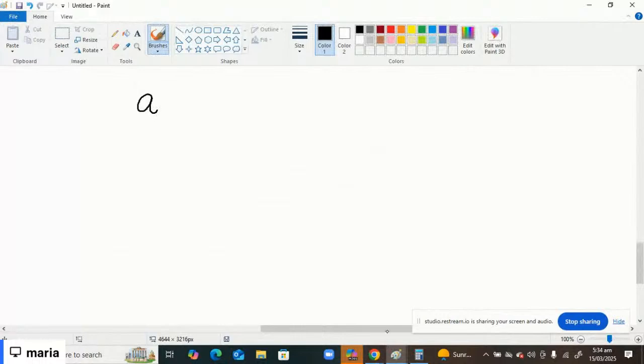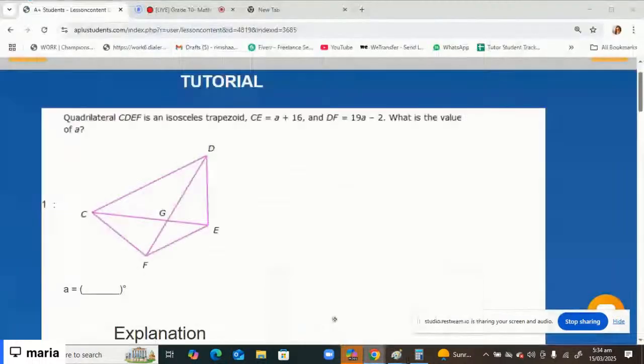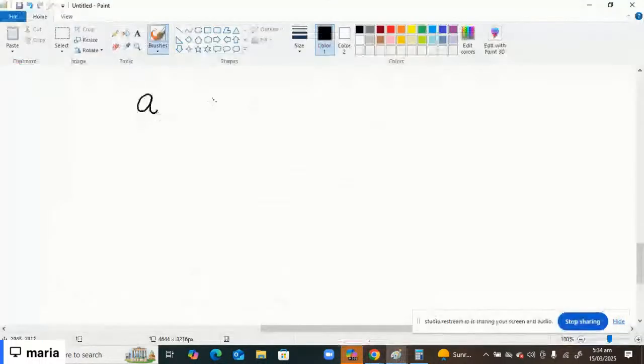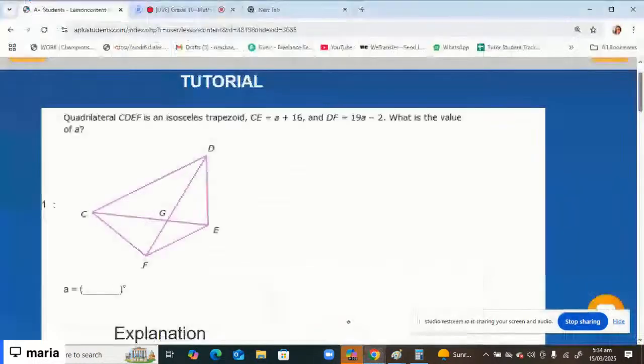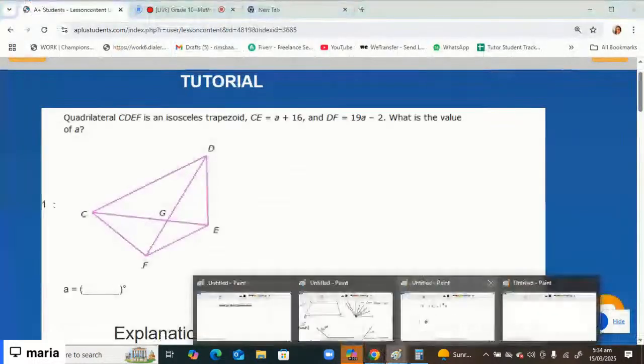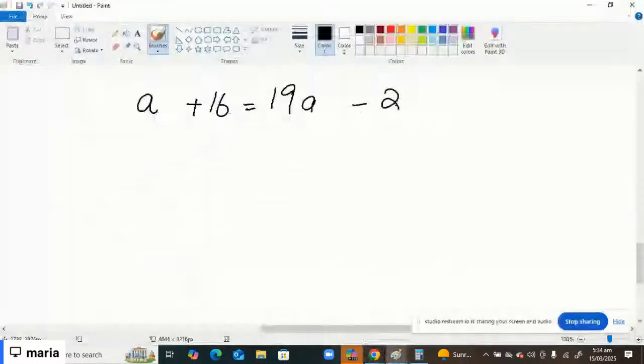A plus 16 is equal to 19A minus 2. Okay. Combine the A terms together and the remaining terms together.